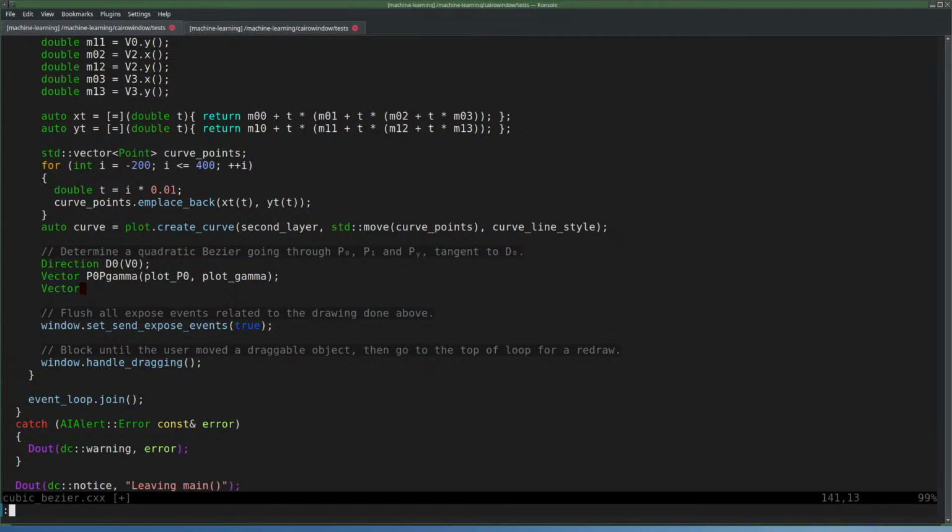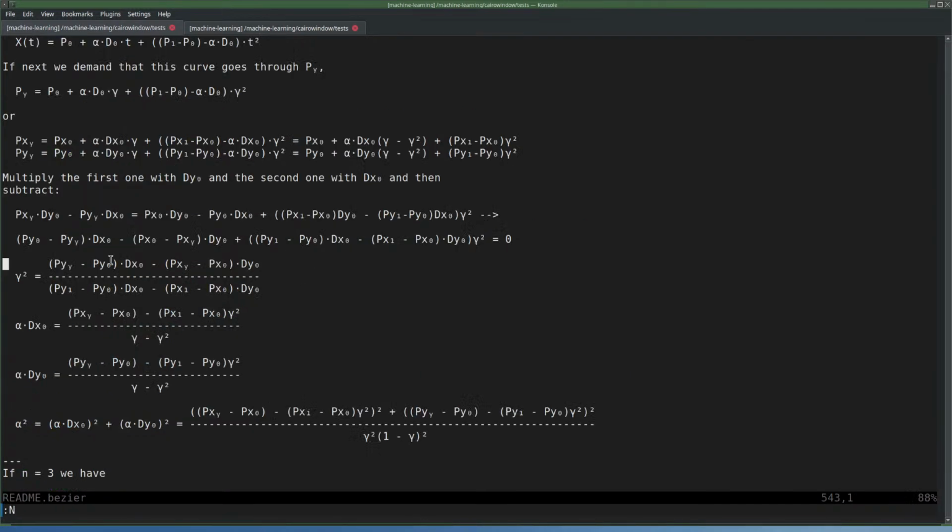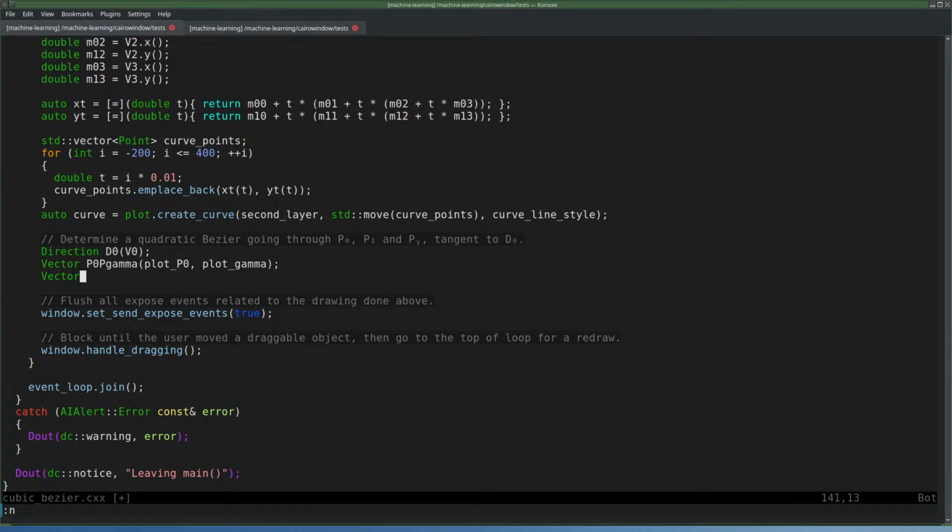Probably need even more. From 0 to gamma, this is from 0 to 1. 0 to gamma, 0 to 1. Everything is from 0, either to 1 or to gamma. So P0 to P1, turn them around. Plot.